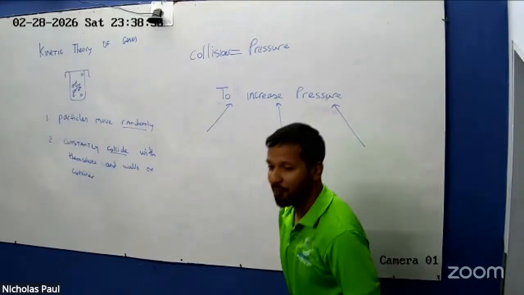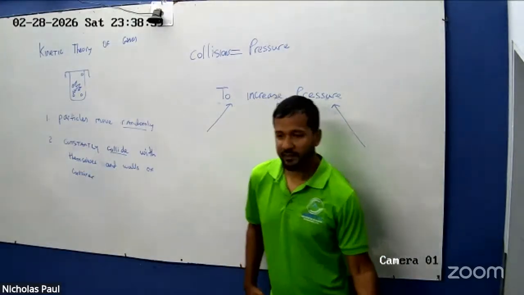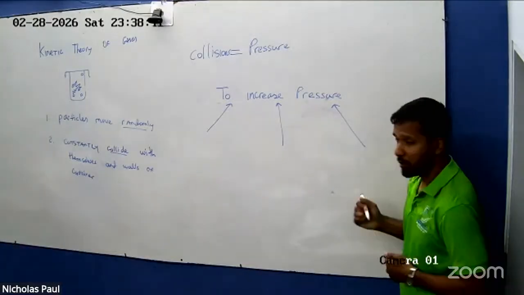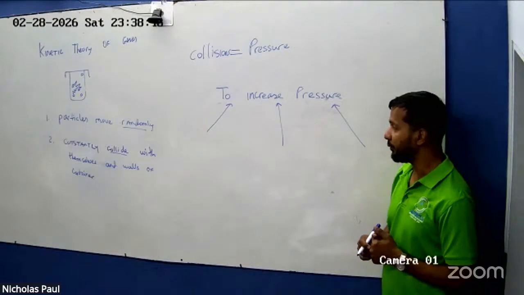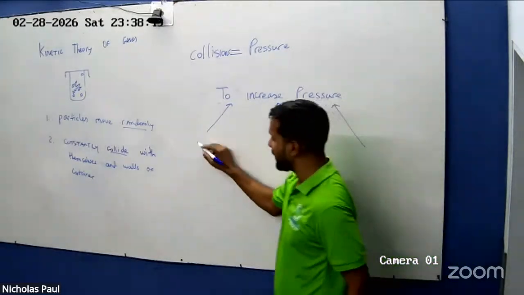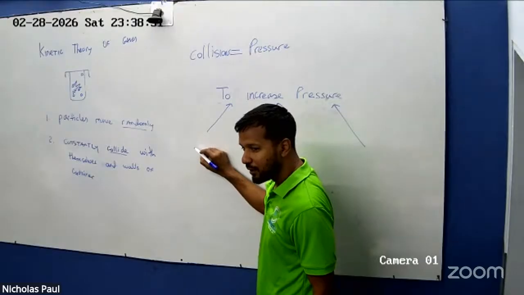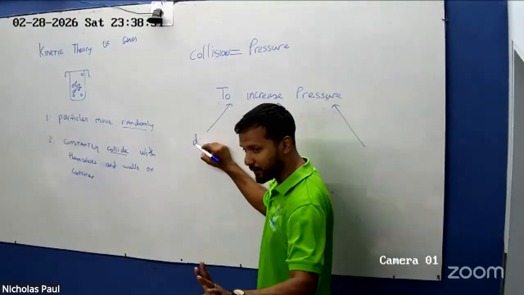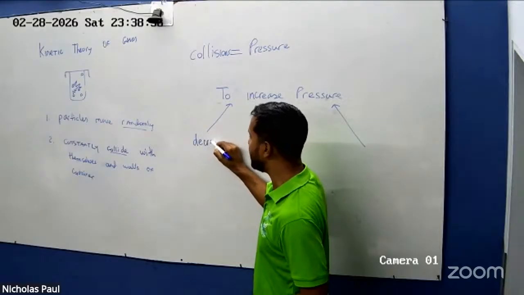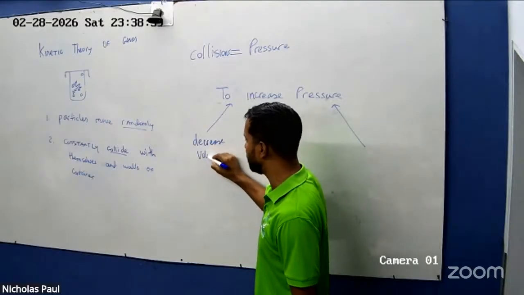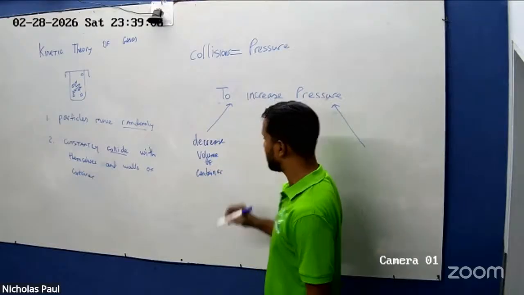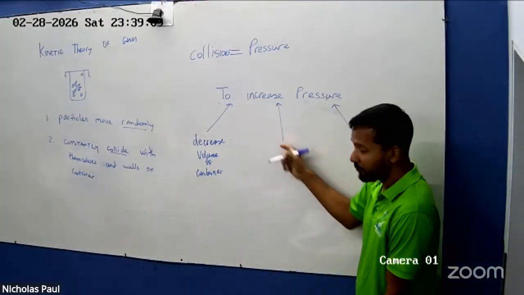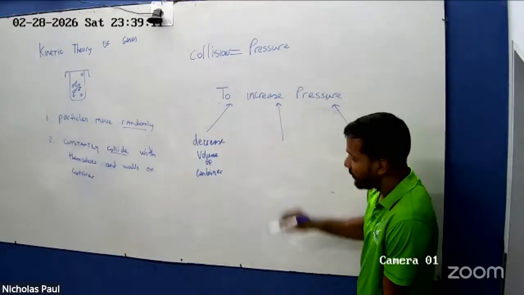Right. Three things: make the container smaller, add heat and increase the number of particles. So the first one is what? Right, decrease the volume of the container. The second: increase temperature.